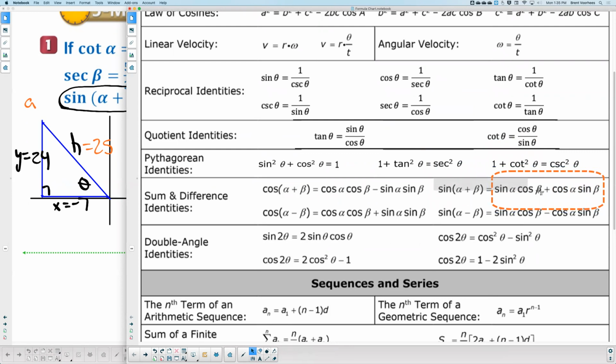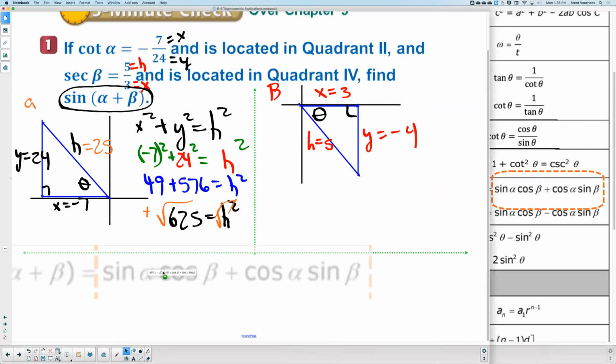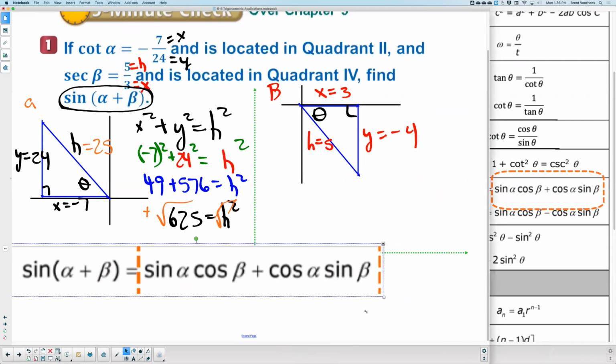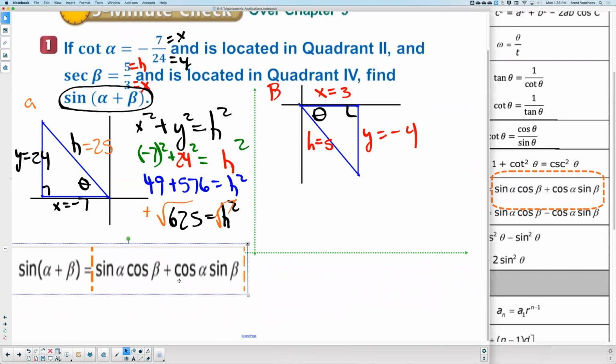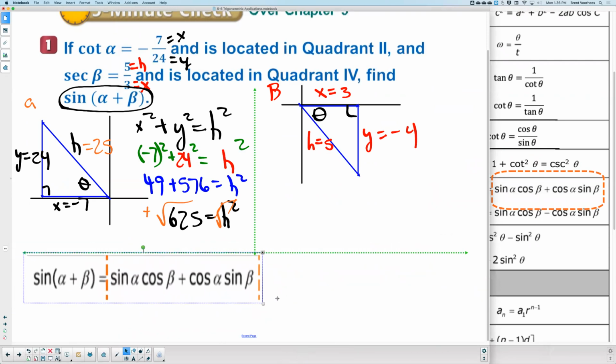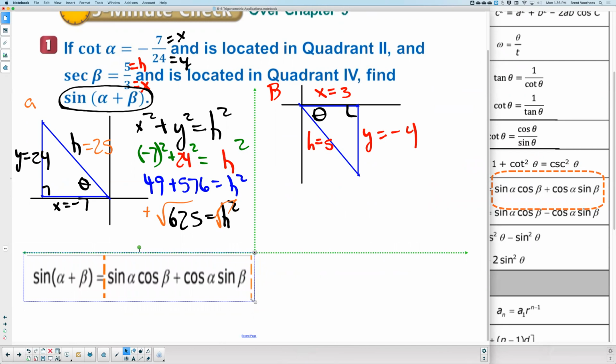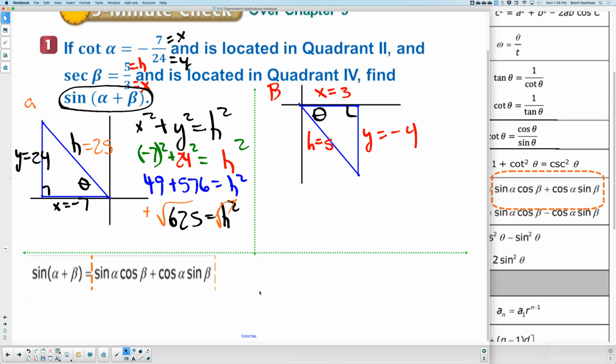Just copy and paste this here. That's my formula I'm using. Now this is way too large. So it says sine A plus B would equal all these values. Sorry, it got so stretched, but we'll figure it out.